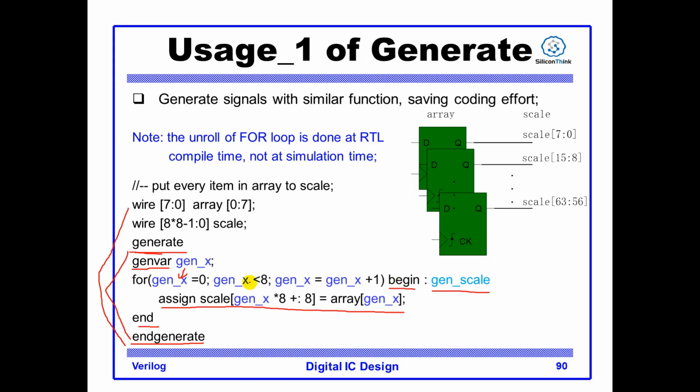So the function is the same as if you write 8 lines of assignment here. After the 8 lines of assignment, the function is to get each item in the array and assign it to the proper bit location in scale.